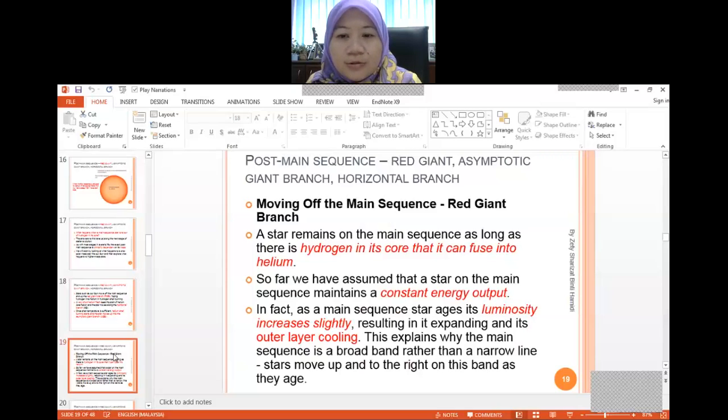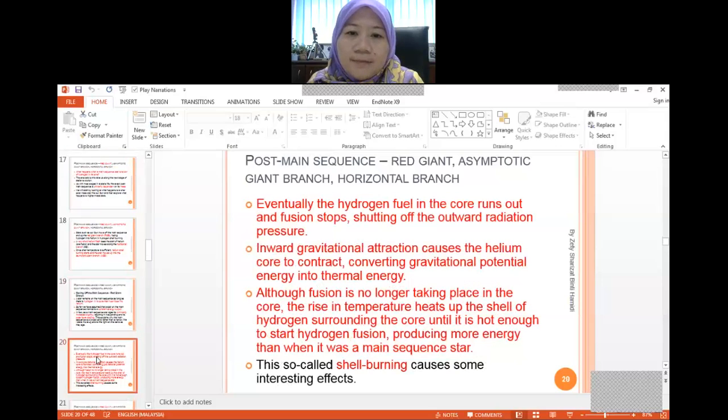Mid-sequence stars also have a luminosity which is increasing slightly, and this is based on the expansion, or the increasing of the size, because of its outer layer cooling. Okay, so we can have an evolution in terms of the size for this part.